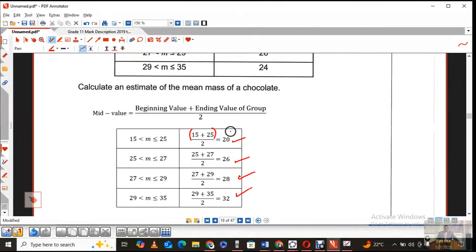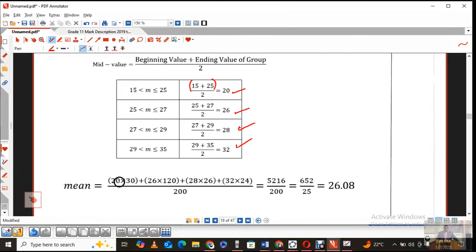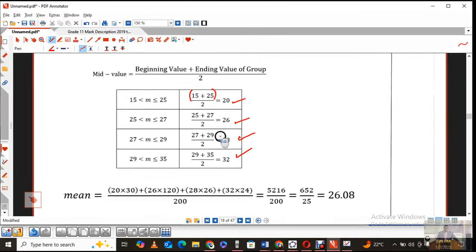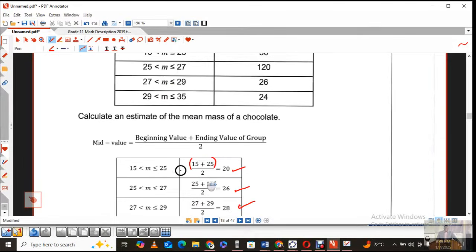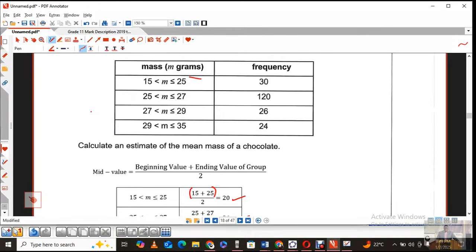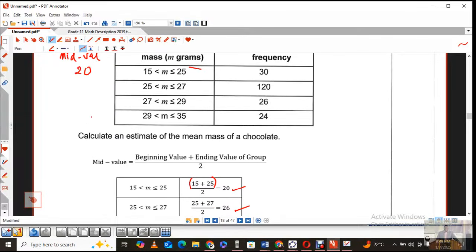What do I do then with those mid values? You take those mid values and you multiply by the frequency. Here the mid was 20. That's why you see some learners put mid value over here. They calculate the mid value, add them, divide, and say this is 20, and here the mid value was 26.